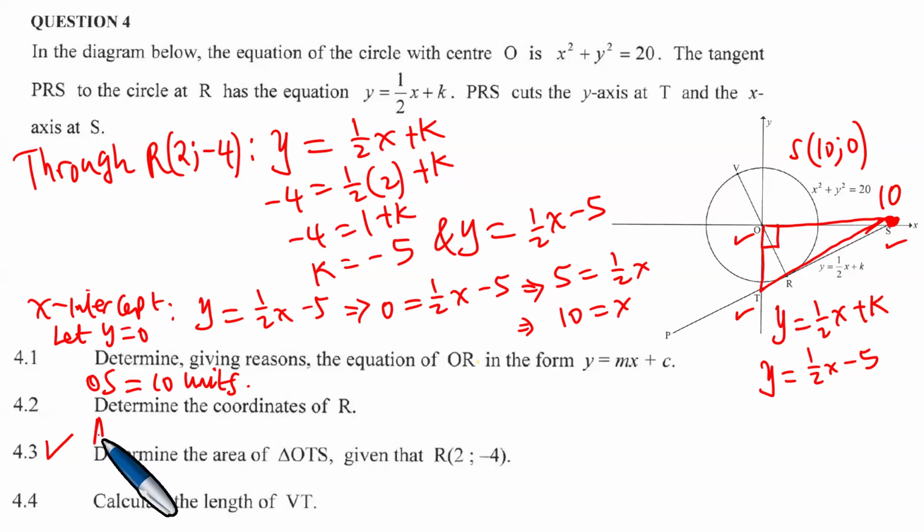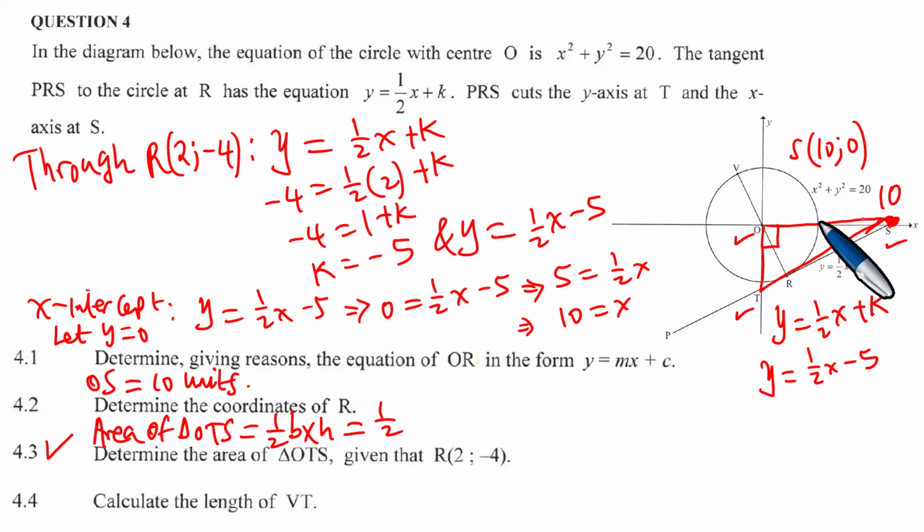The area of triangle OTS is the same as half base times height. The area of a triangle is half base by height, which is half the base. What is the base?